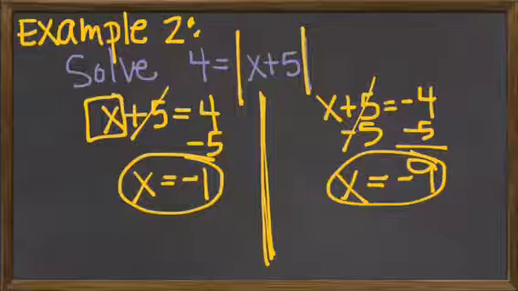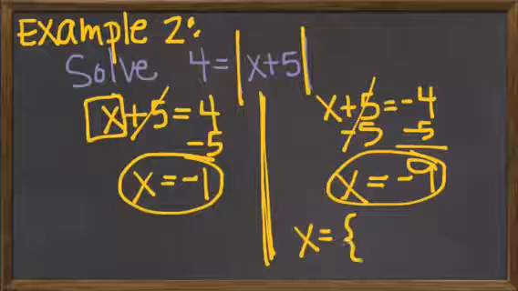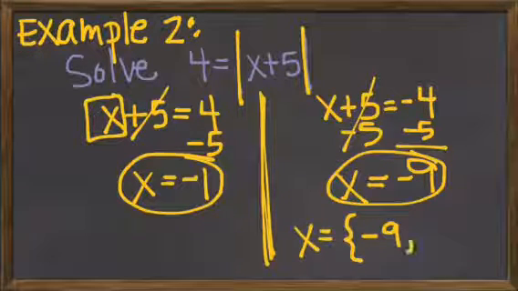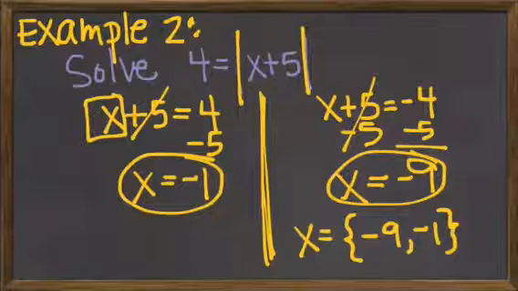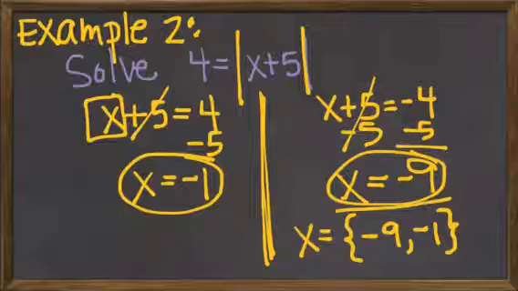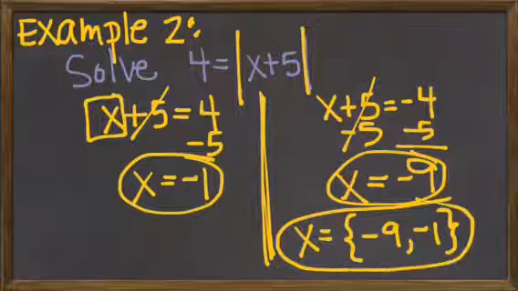Whenever x can be equal to two different numbers, we say it's the number set, and we put the numbers in order. They don't have to be in order, it's just more proper if they are. So here is your answer. X can be either one of those.